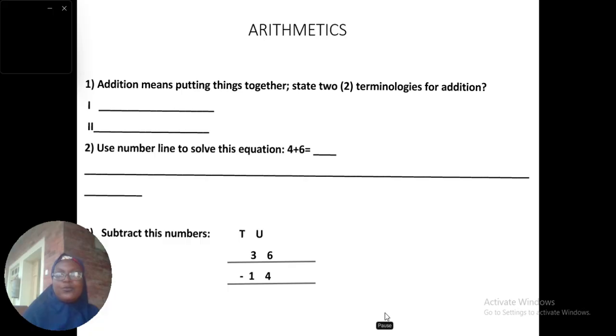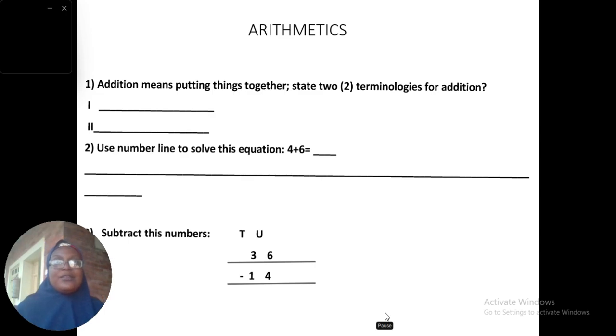So now we also talk about addition of numbers using tens and units. If you're adding numbers using tens and units, it means the numbers have to be two-digit numbers, not one. Two-digit numbers like 12, 13, 30, 40.